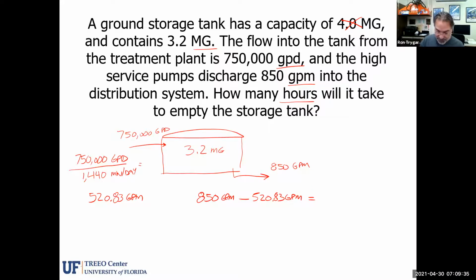So 850 minus 520.83, and I get a true flow out of the tank. The difference here is 329.17 gallons per minute out of the tank. All right, so far so good.